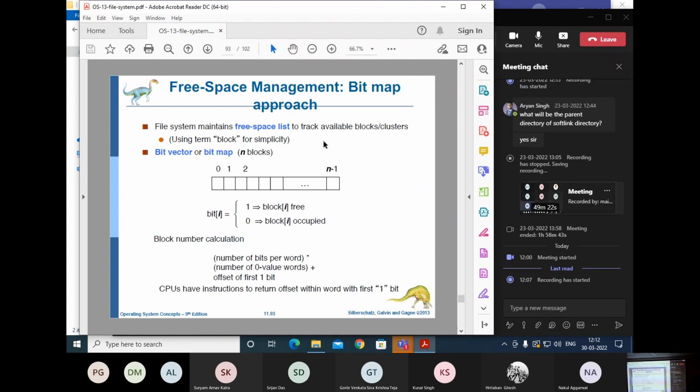And what is the idea? How many bits will be there in the bitmap? The number of blocks. Each block gets 1 bit. If that bit is set to 1, it means the block is free. If it is used, it is set to 0.